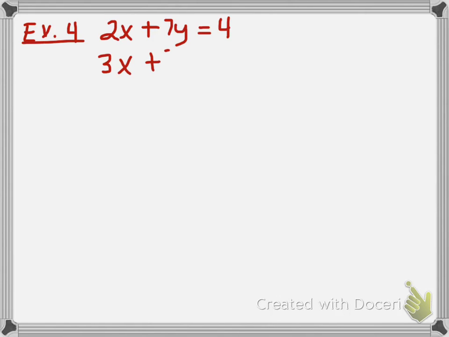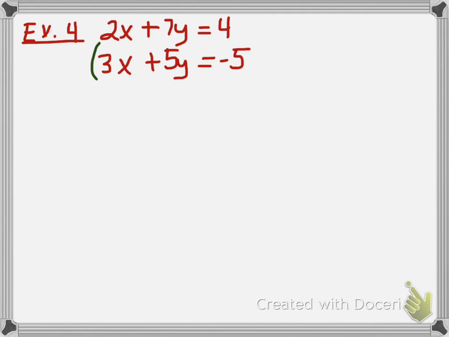So let's go ahead and look at the next example. So we have 2x plus 7y is equal to 4, and 3x plus 5y is equal to a negative 5.